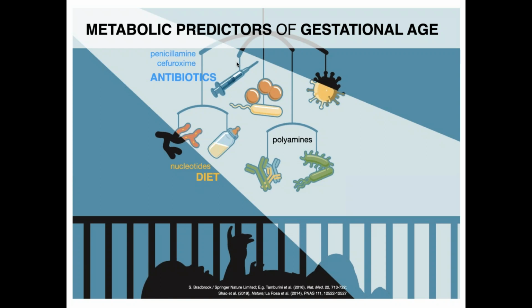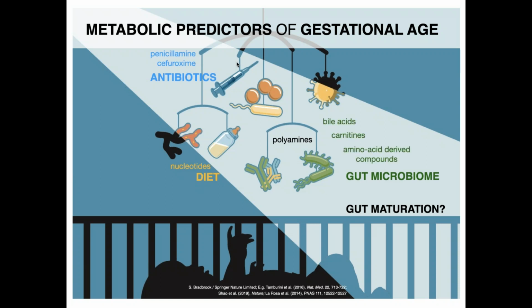And we also found polyamines, which are related to cell growth, so maybe gut maturation, but also metabolites that are known to be modulated by the gut microbiome, such as bile acid carnitines and amino acid-derived compounds. And some of these metabolites have also been related to adverse health outcomes that could be related to premature birth.